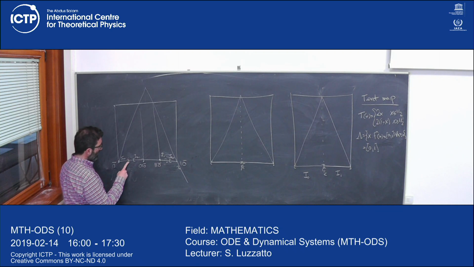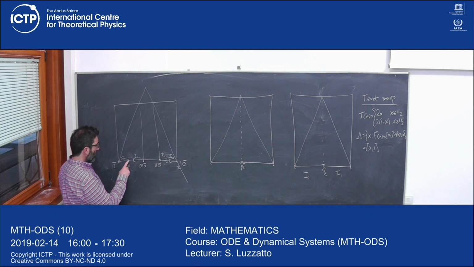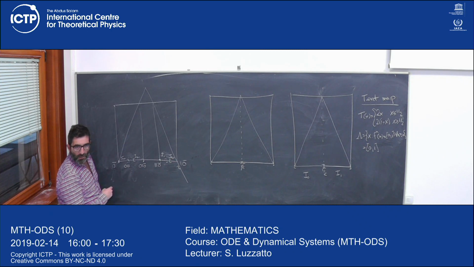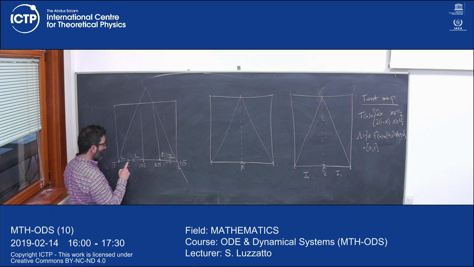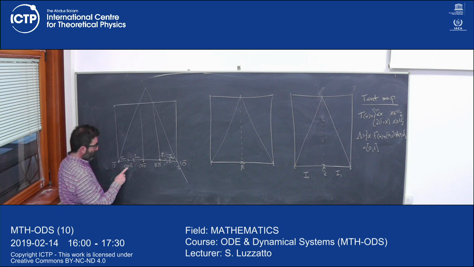What's the coding of this? This starts with 0, and then it is also 0, and then 1, because it falls onto the point 1. So this boundary point is going to finish with 1, 0 bar.